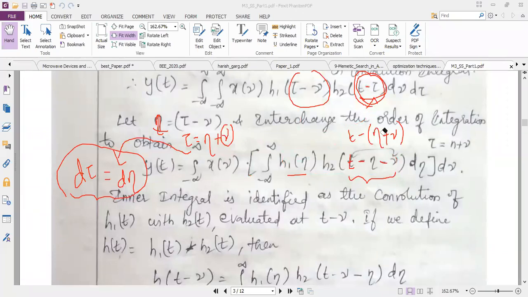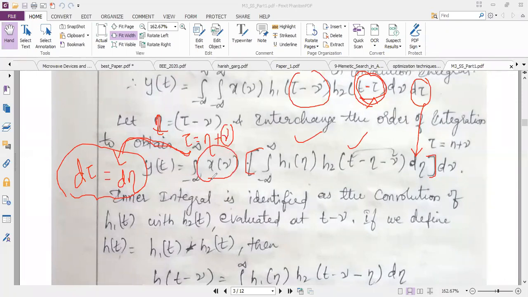As per the earlier equation, I have d tau here, but I should not now write d tau. When I do the differentiation of tau is equal to eta plus mu, I will get d tau is equal to d eta. So this d tau is now replaced with d eta, and I am arranging this d eta for the impulse response integration, and I have one more integration with x of mu outside.